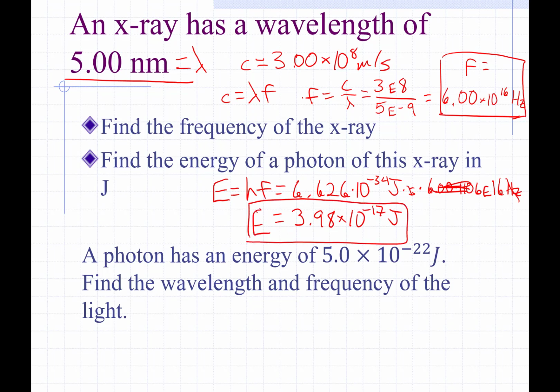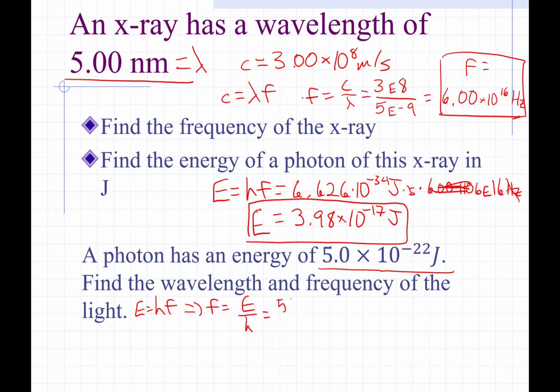And one last problem. A photon has an energy of 5.00 times 10 to the minus 22 joules. Find the wavelength and frequency of this light. So let's do E equals hf. To find the frequency, we get f equals E over h.